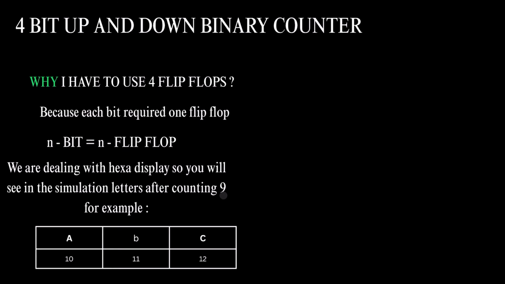As you know, in the hexadecimal system, after 9 the numbers are represented by letters. It starts from 10, which is represented by A, 11 by B, 12 by C, and so on.